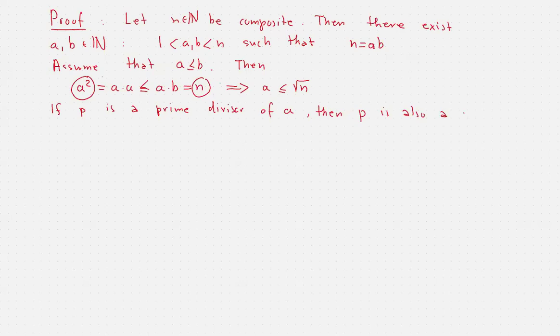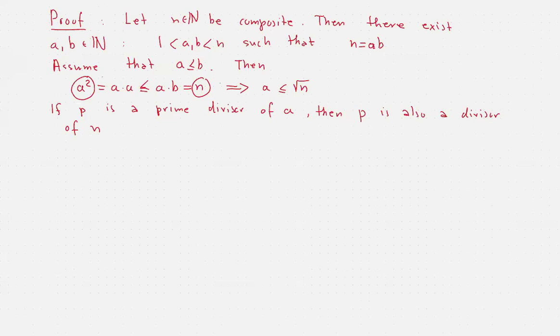If a natural number divides a second natural number and the second natural number divides a third natural number, then the first natural number divides the third one. So in that sense, divisibility is transitive.